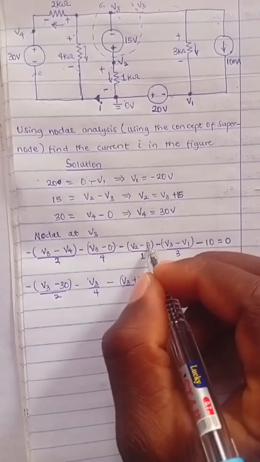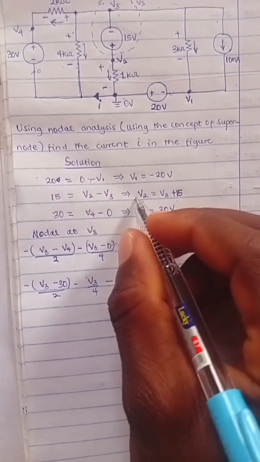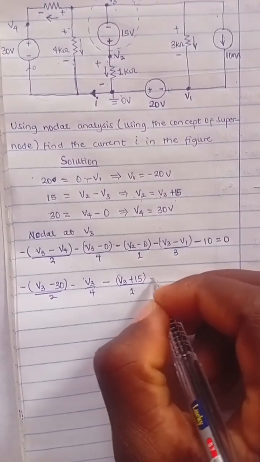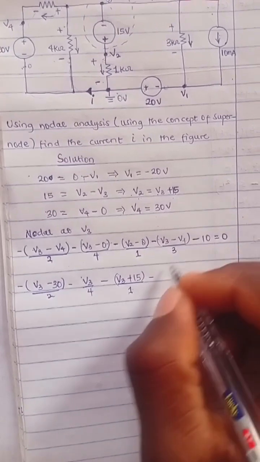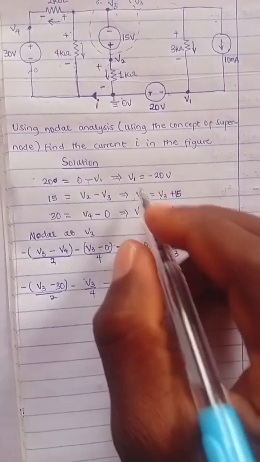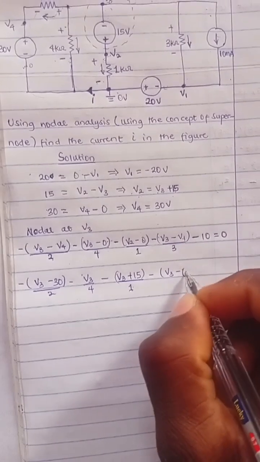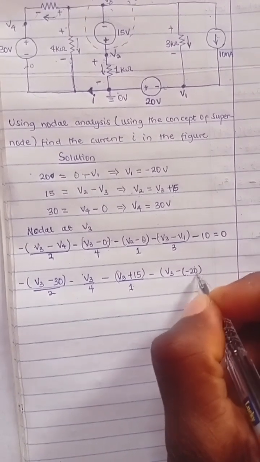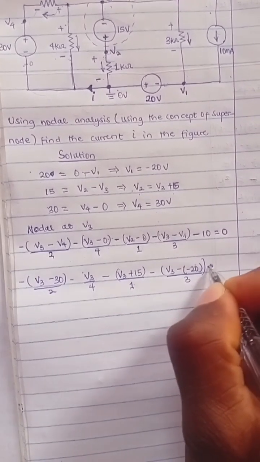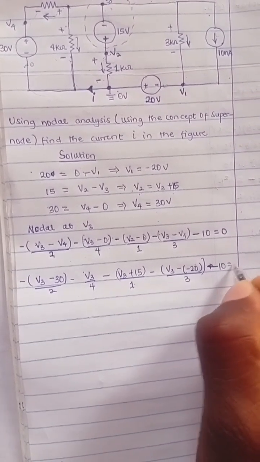Because V2 minus 0 is the same thing as V2. So that will be divided by 1, minus V3 minus V1. That would be V3, which is unknown, minus V1. V1 we said is equal to minus 20, so that's minus minus 20, all divided by 3, minus 10 is equal to 0.